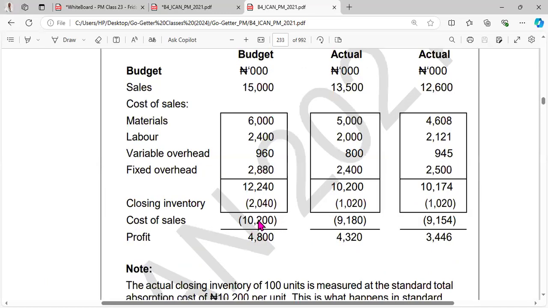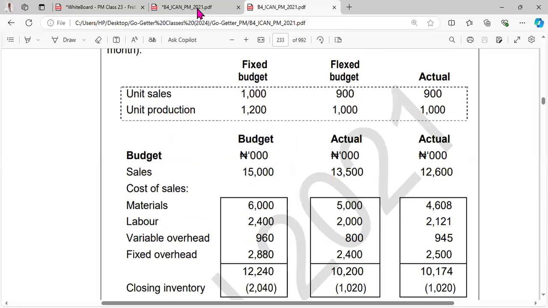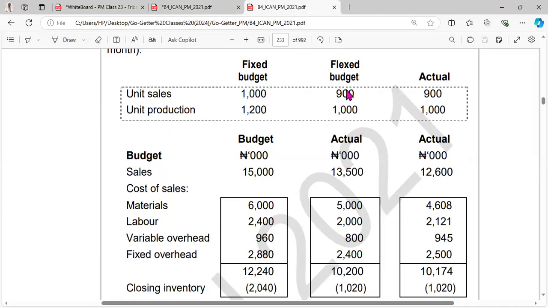That is your standard cost. So you budgeted sales of 1,000 units, and you budgeted that your production is going to be 1,200, unlike this one here that we have 900 and 1,000.